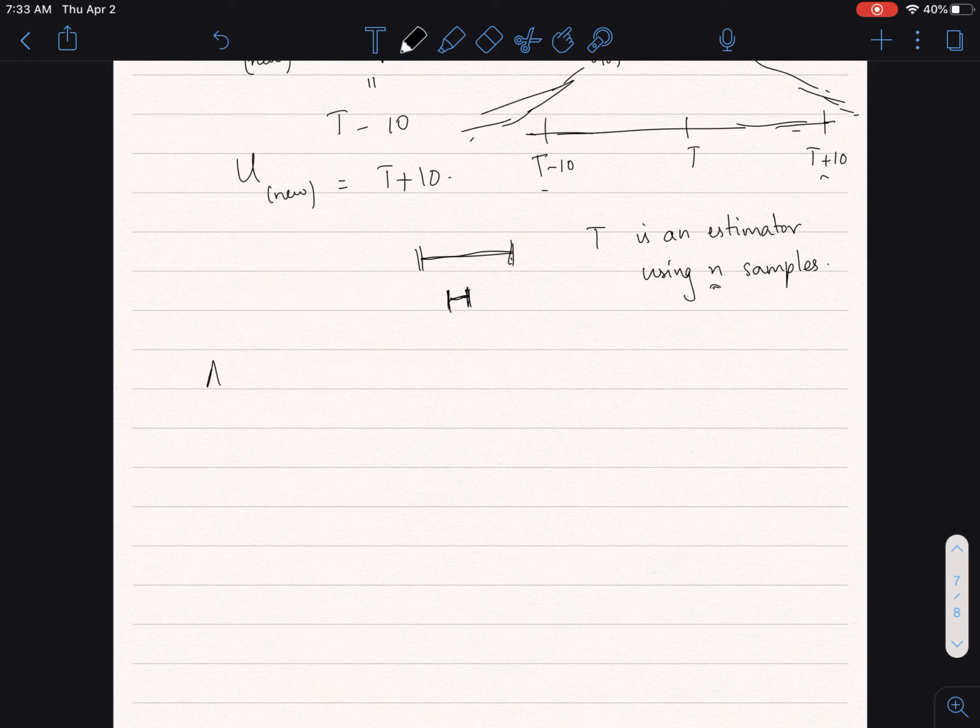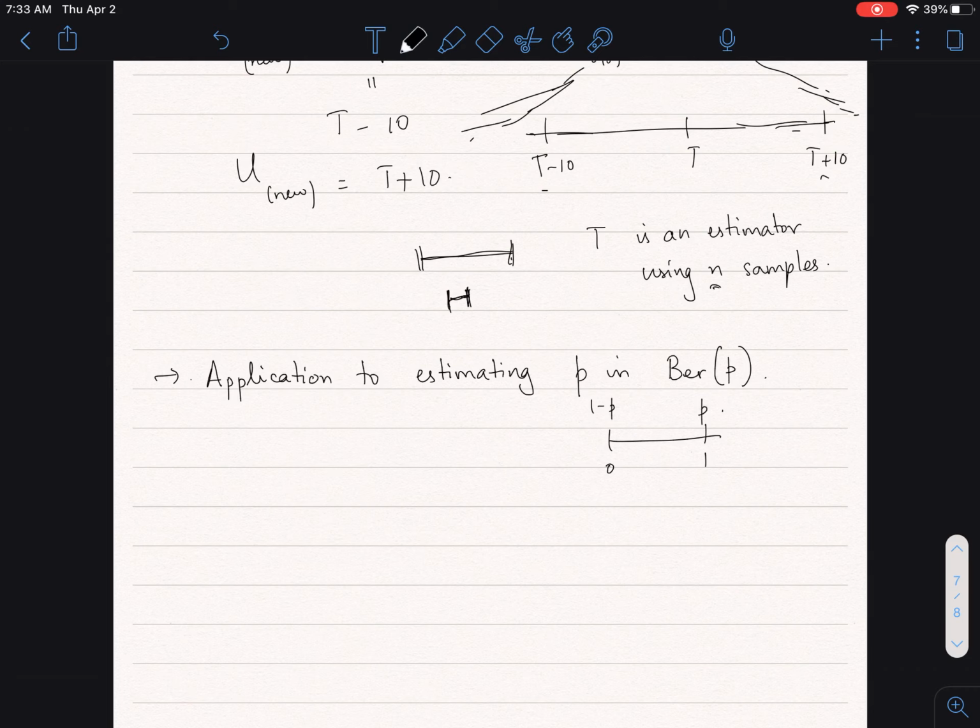So the application to estimating p in Bernoulli of p. This turns out to be a very simple application, because one nice thing about the Bernoulli is that it takes value 0 or 1. It takes value 0 with probability 1 minus p and value 1 with probability p.